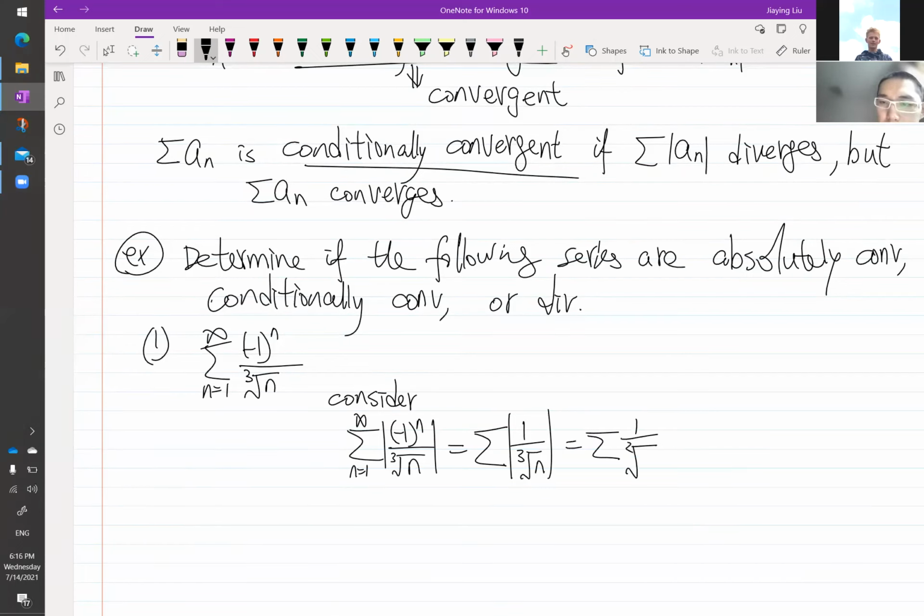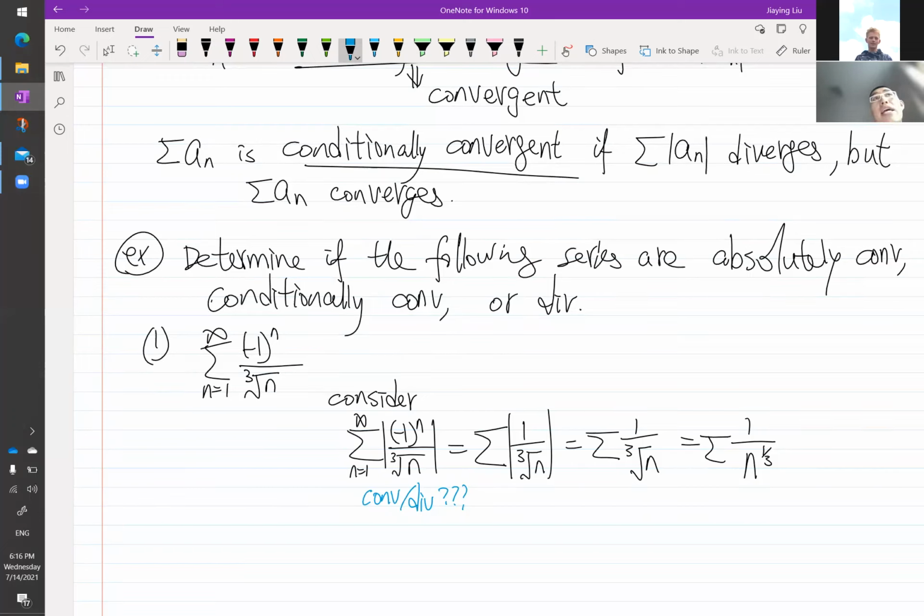So that's the cube root of n. That's a series 1 over n to the 1/3. And from here, we want to know if this is convergent or divergent. We end up simplifying that into a much simpler series, 1 over n to the 1/3.